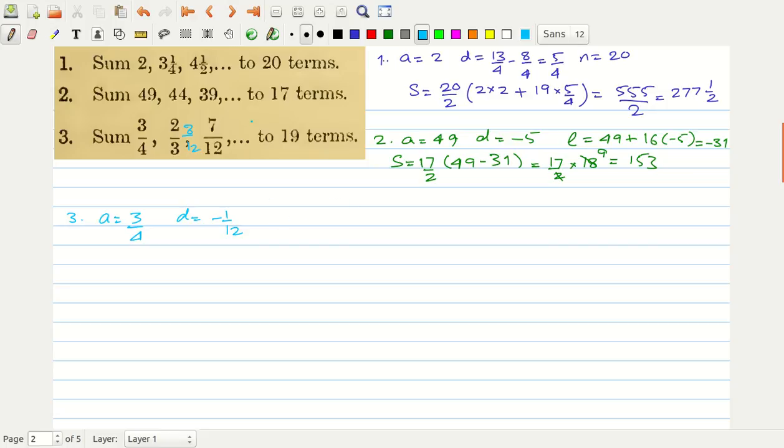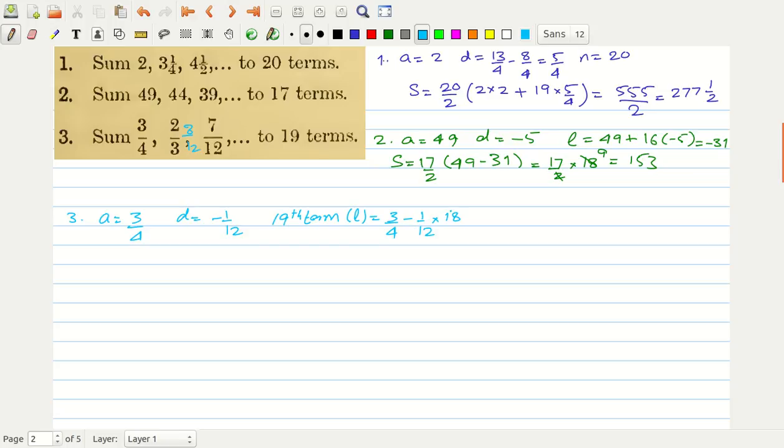Now, what is the 19th term? 19th term, or this is the last term. This will be 3 by 4 minus 1 by 12 times 19 minus 1, which is 18.